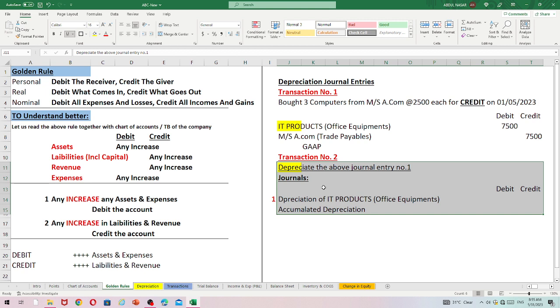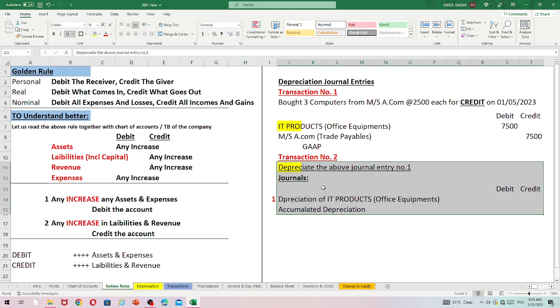Some companies show depreciation on a yearly basis, but the preference of the majority of companies is to close their books monthly. I mean, per year there will be 12 closings, proper closing of accounts.